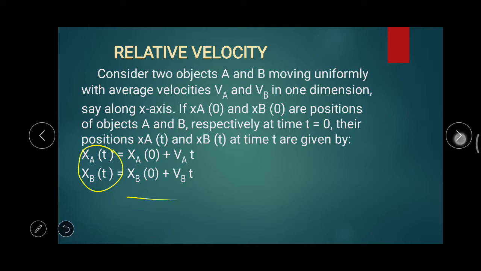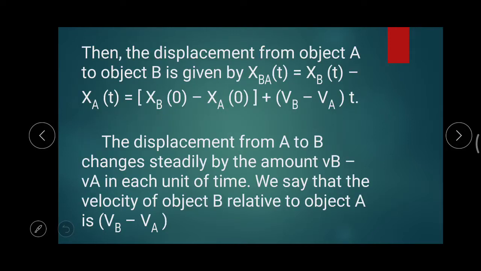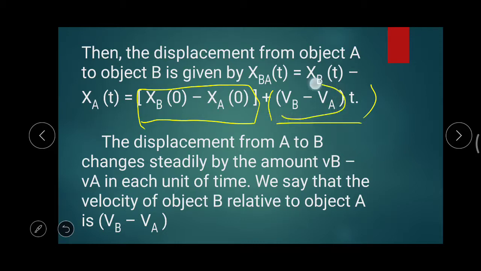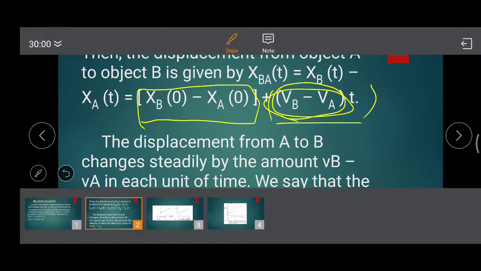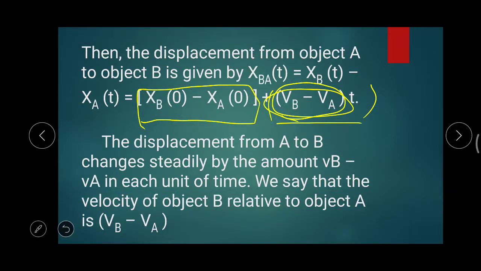Then you will get XB of 0 minus XA of 0, both are 0, so it will be 0, and the remaining is VB minus VA into t, where VB minus VA is known as the relative velocity of B with respect to A, which can be represented as VBA, the velocity of B with respect to A.